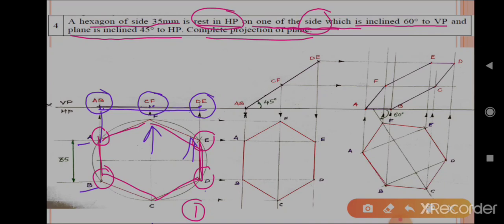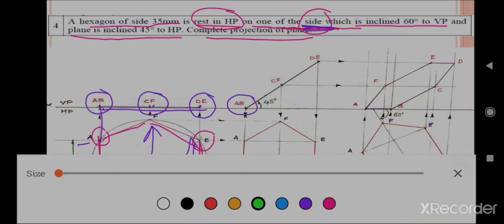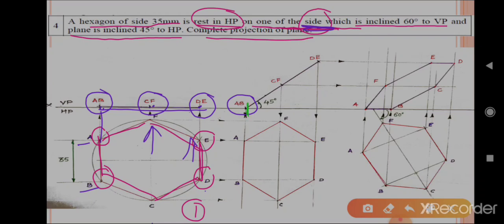So the condition given is that the plane is resting on one of its sides. For that purpose, take AB point on HP, and first, that is resting in HP. So we can take the inclination with HP. So draw an inclined line, 45 degree line, then A to CF. So A is here.